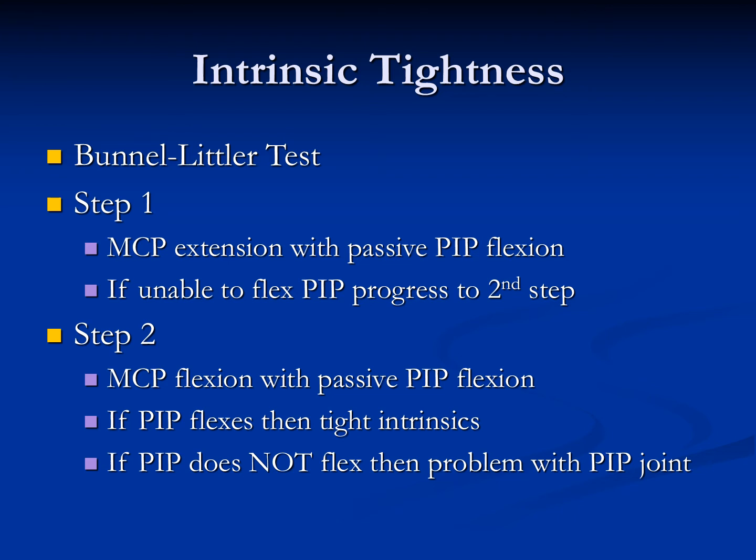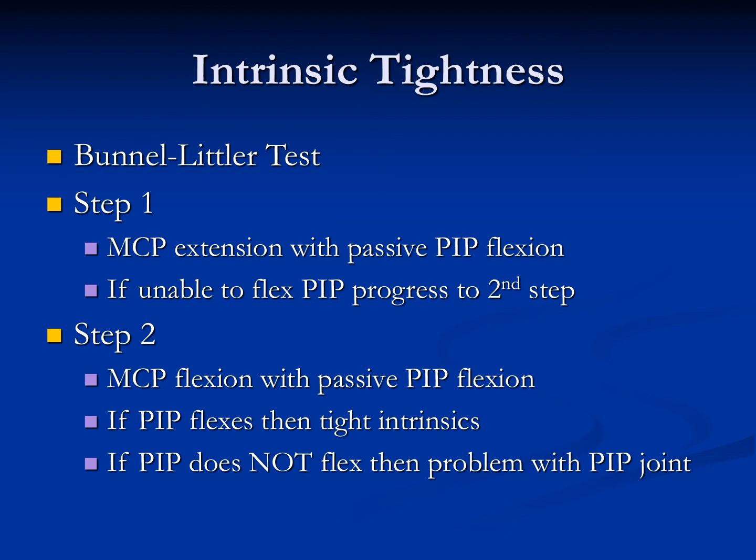Okay, if you are unable to flex the PIP to what you think is full range of motion, you need to progress on to step 2. And again, it's probably a good idea to do step 2 if you're not sure what normal range is for that patient anyway. So step 2 is where you would flex the MCP and flex the PIP as well.